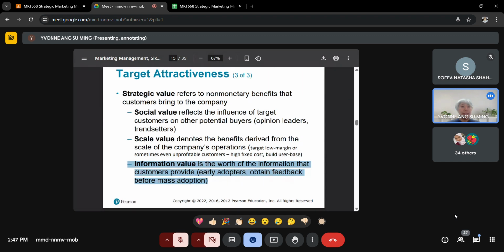Okay, and finally kita ada scale value. Okay, so scale value is where we consider whether dia punya consumer base boleh membantu company tu untuk membesar, scale in size, membesar.